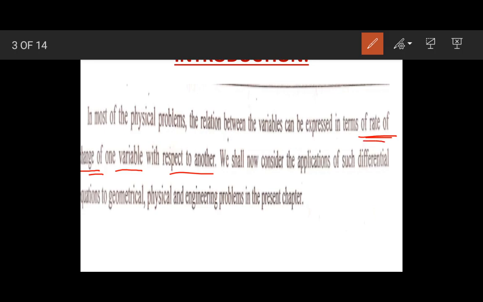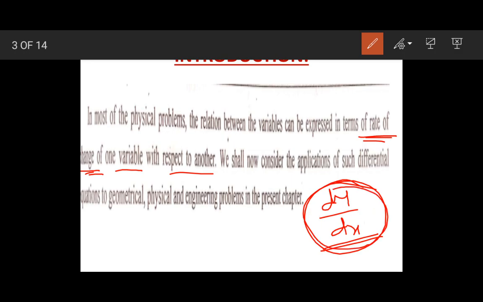This rate of change can be measured by using derivatives, by using the derivative dy upon dx. Now when we have an equation involving this derivative, that is known as a differential equation.